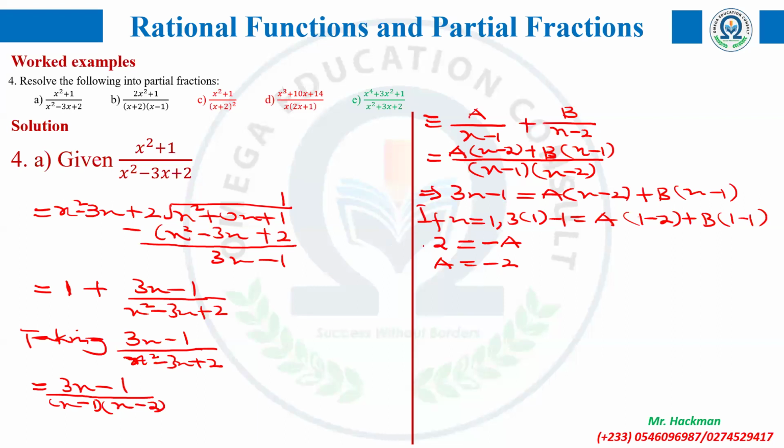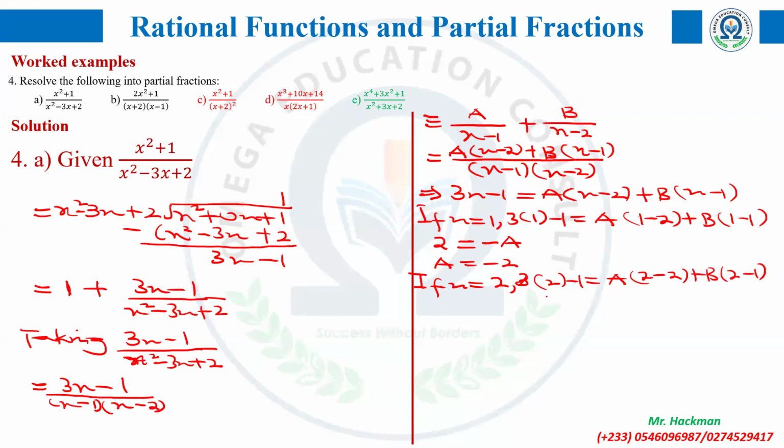So A down, B to go. So B, if x is equal to which value? 2. Very good. So we are going to get 3 into 2 minus 1 should be equal to A into 2 minus 2, plus B into 2 minus 1.